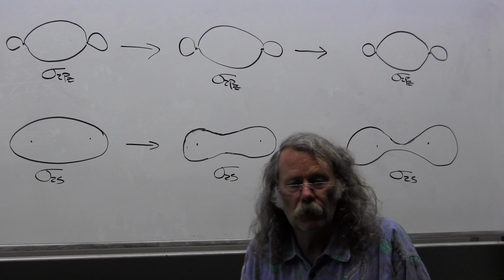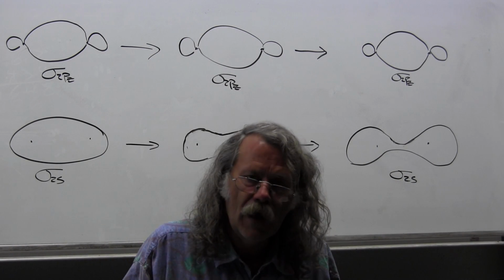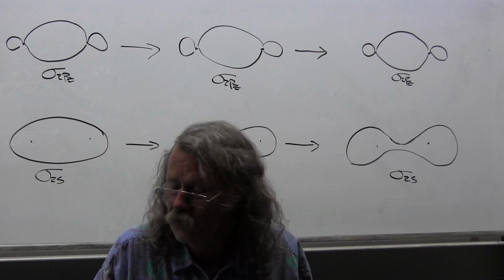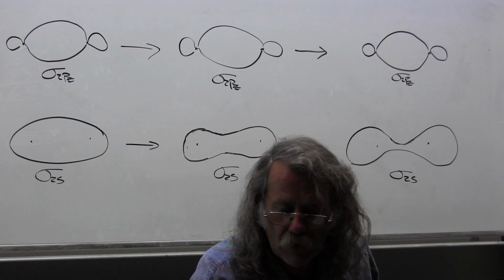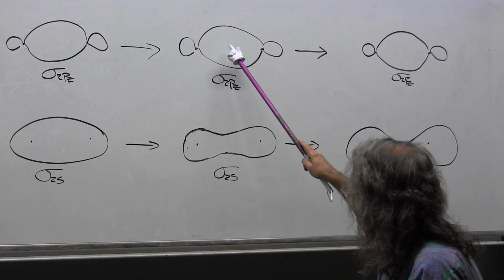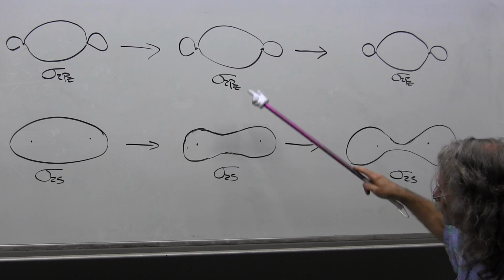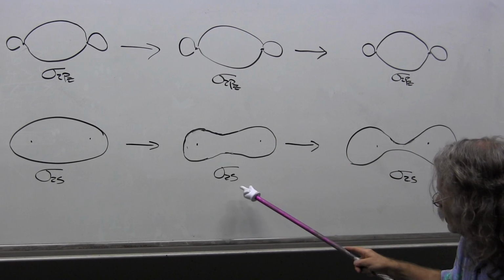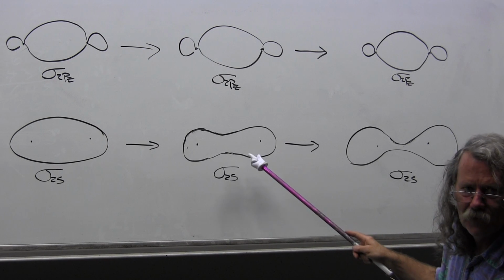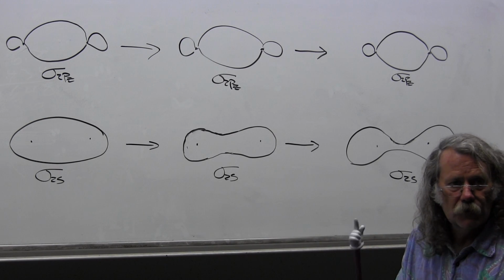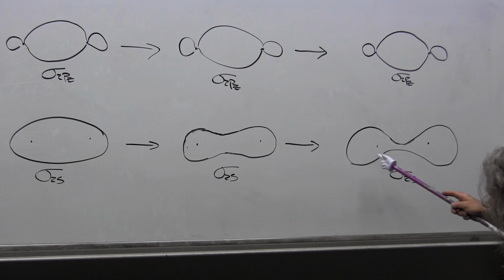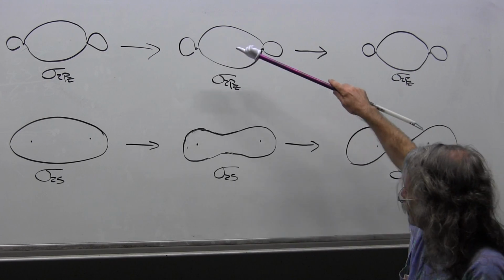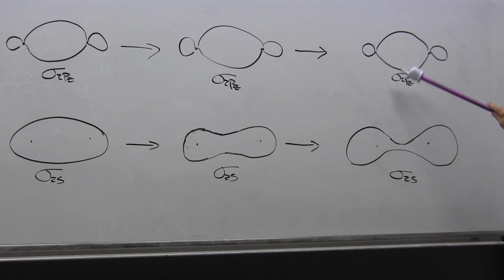Whereas with the p electrons, they have a node at the nucleus, so they are not going to shrink as much, and so it's not going to have the same effect. And so the sigma 2pz is not going to have as much of this effect as the ones constructed out of the 1s or the 2s orbitals, which have significant electron density near the nucleus. So they're going to be held more tightly, and so the repulsive interaction is lowered, and this actually drops down the energy of this.